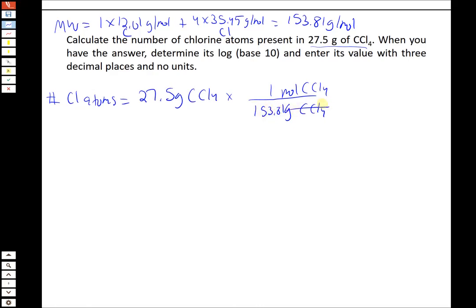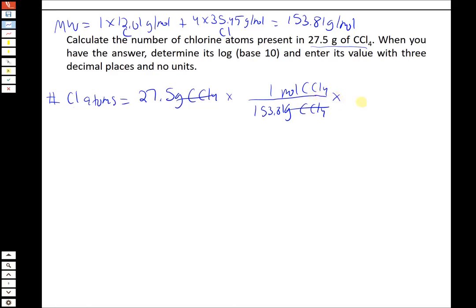But we're not done here because we're looking for the number of chlorine atoms, and this is just moles of CCl4. Now from here, there's a couple different order of operations you can do. We can either convert moles of CCl4 into moles of chlorine, or we can convert moles of CCl4 into molecules of CCl4 first. So the final 2 steps I'm going to do in this calculation could be done in either order. In reality, you'll get the same number either way because it's the same numbers you're multiplying.